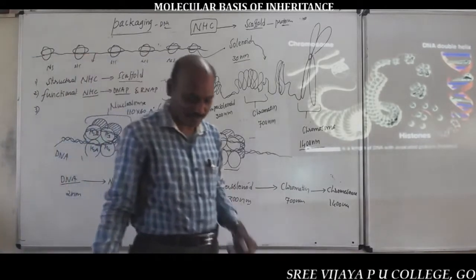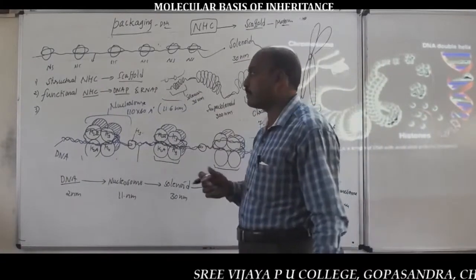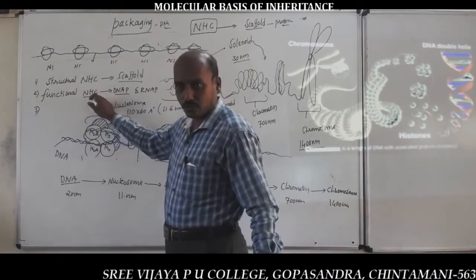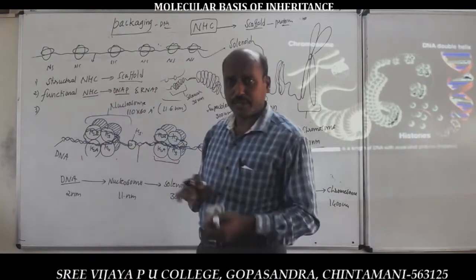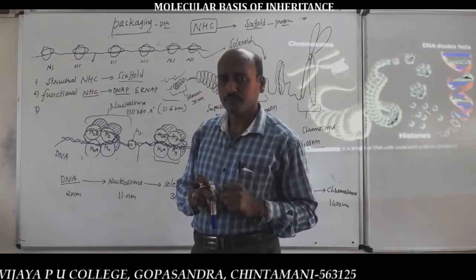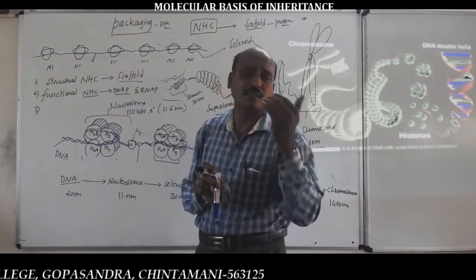You should remember: DNA polymerase enzyme and RNA polymerase enzyme are examples of functional non-histone chromosomal proteins because they are responsible for specific functions during transcription and translation.